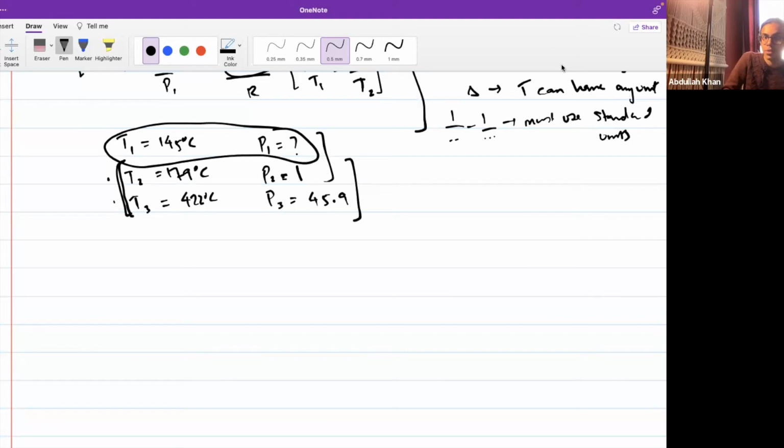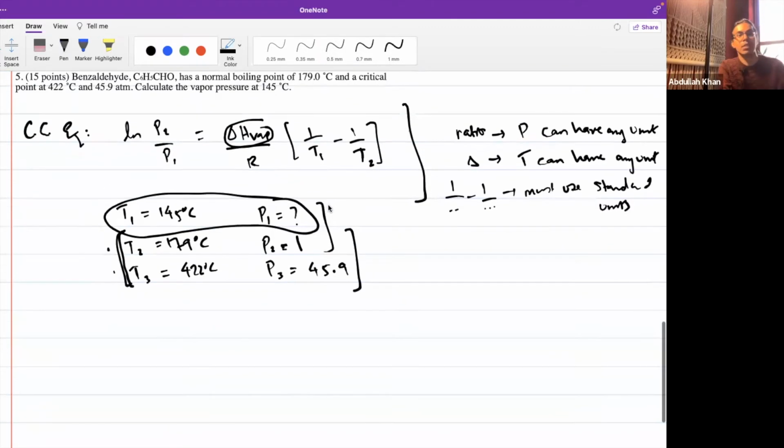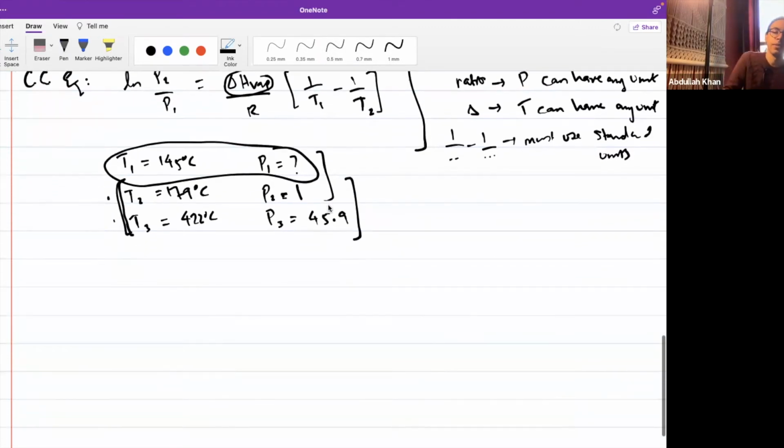So here you want to convert these temperatures into Kelvin first, which is what we'll do. Actually, let me just calculate these temperatures in Kelvin real quick, because that's an annoying second step.